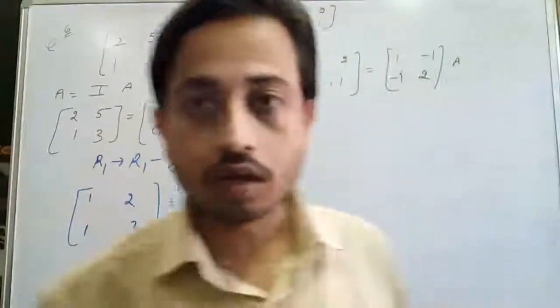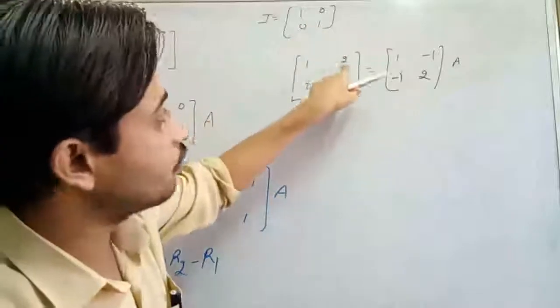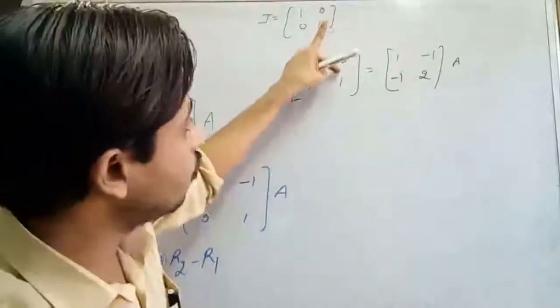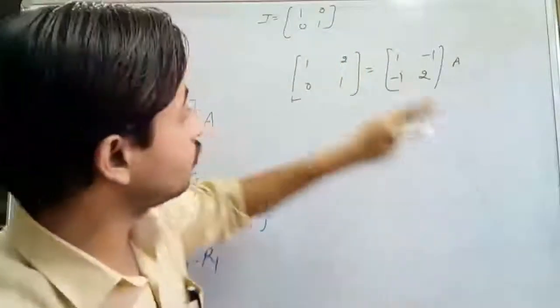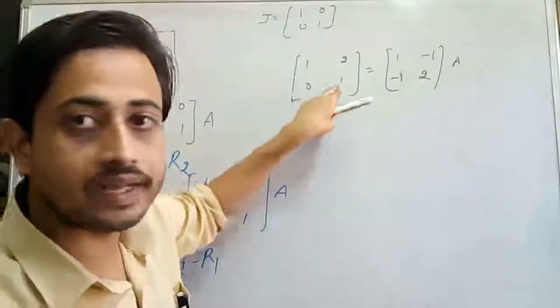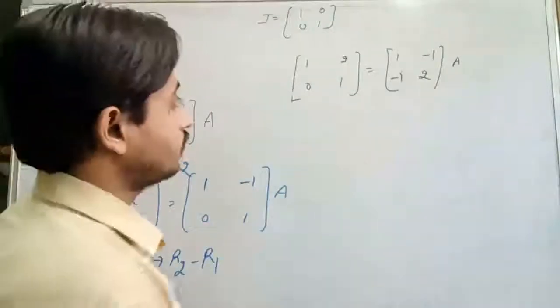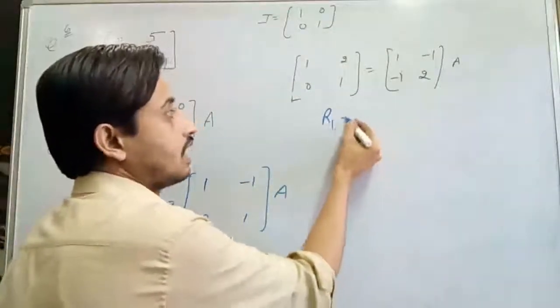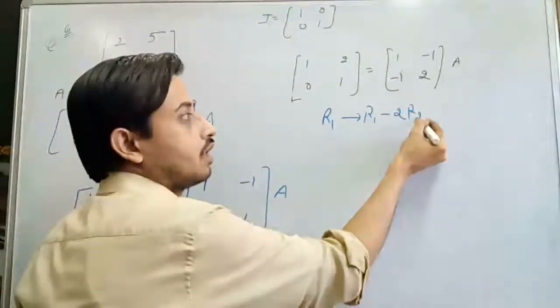Now please look at what we get: 1, 2, 1, minus 1 and 0, 1, minus 1, 2. It means we have to make the 2 into 0. 2 minus 2: we first multiply by 2 and subtract. So we apply the operation R1 minus 2 into R2.